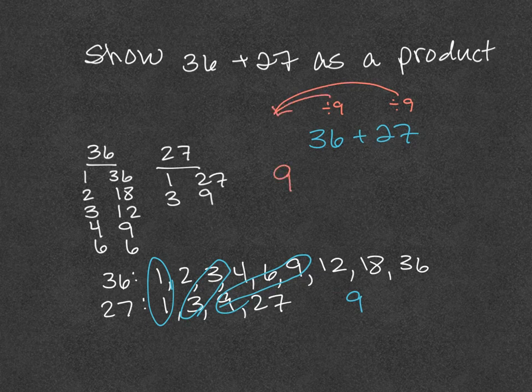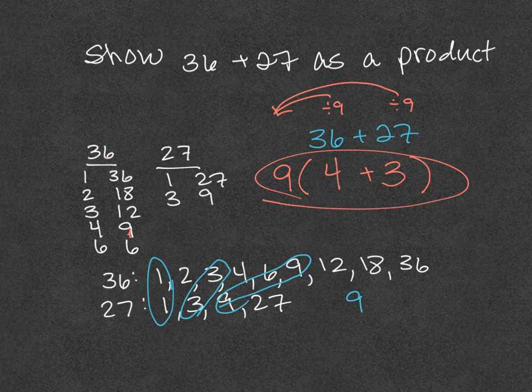So it will be 9 times something. 36 divided by 9, well, remember 36 and 9 over here, is going to be 4. It's just the reverse, right? And 27 divided by 9, well, the 9 over here was a 9 times 3, so that's going to be 3. And this is the answer they're after for that.